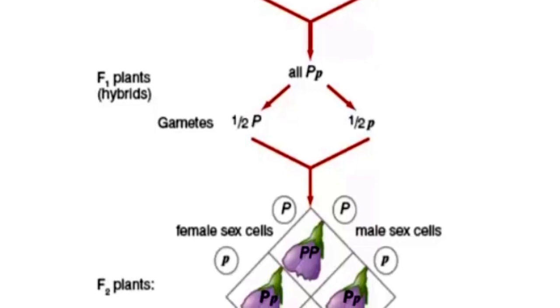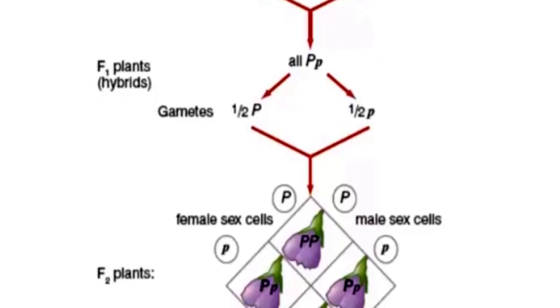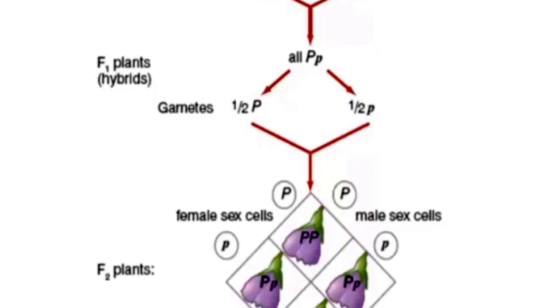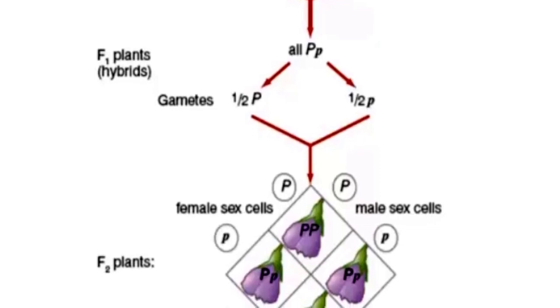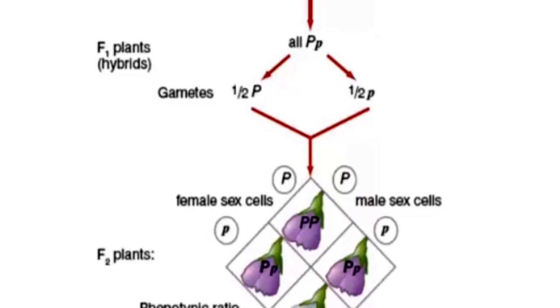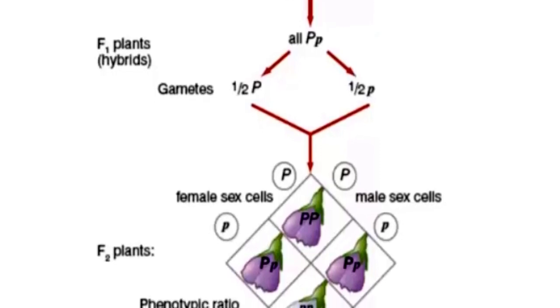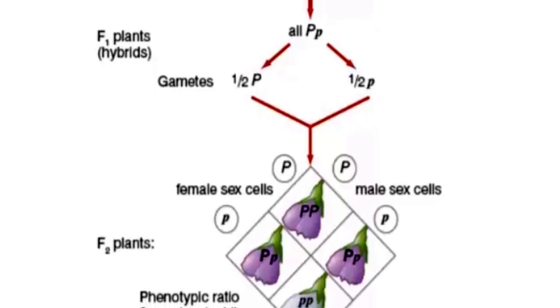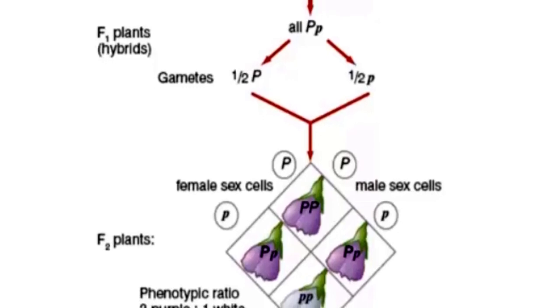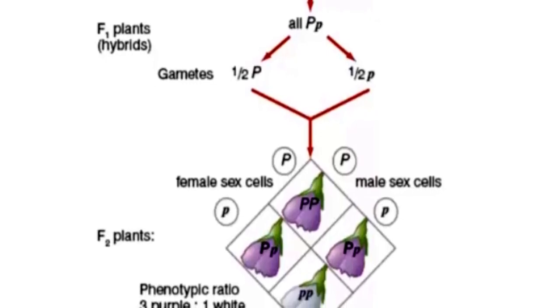But if we consider the genotypic ratio, it is 1 homozygous dominant purple to 2 flowers which have heterozygous alleles and 1 recessive homozygous allele, that is small p. So the genotypic ratio would be 1 to 2 to 1.